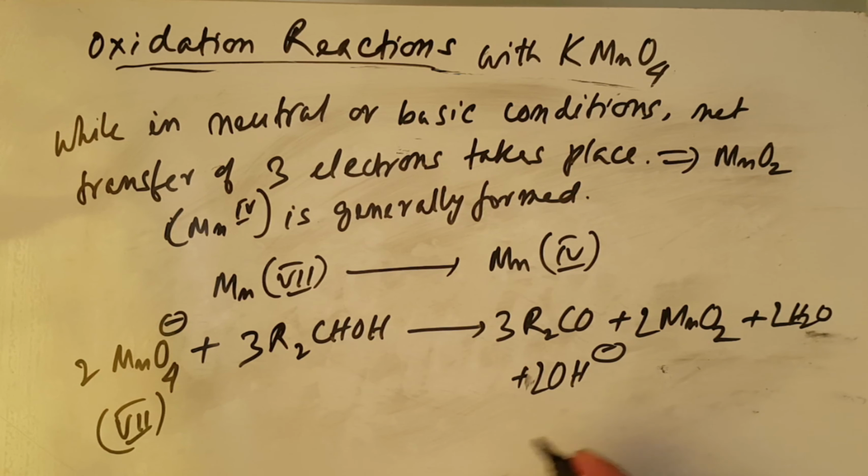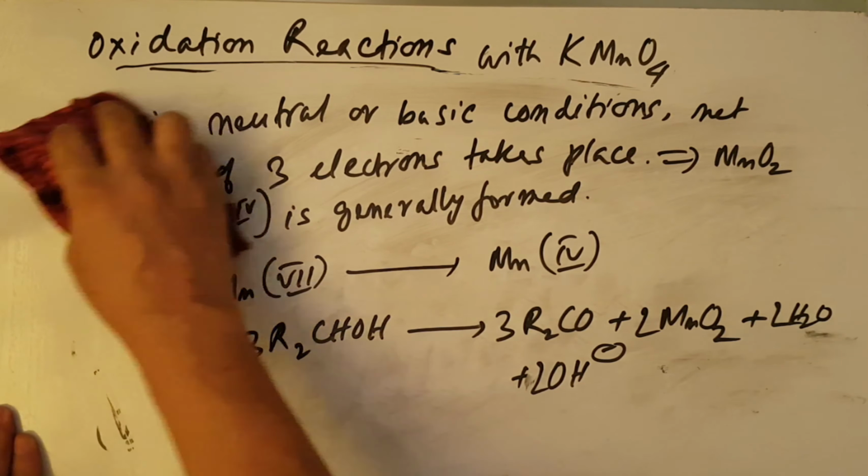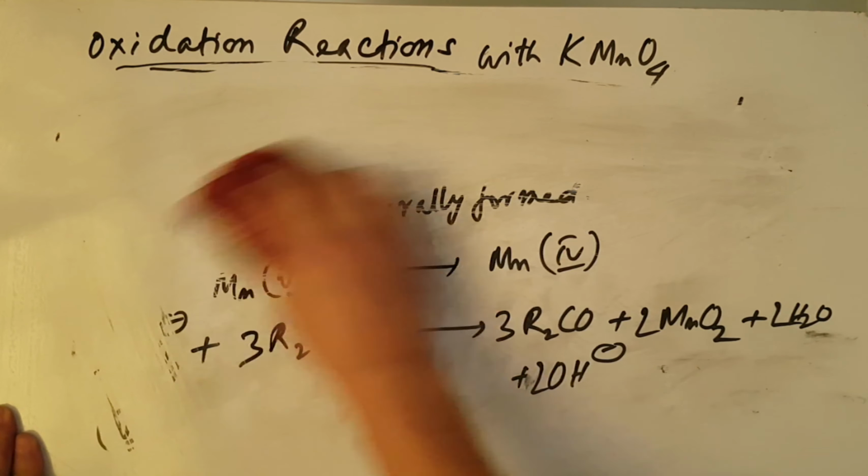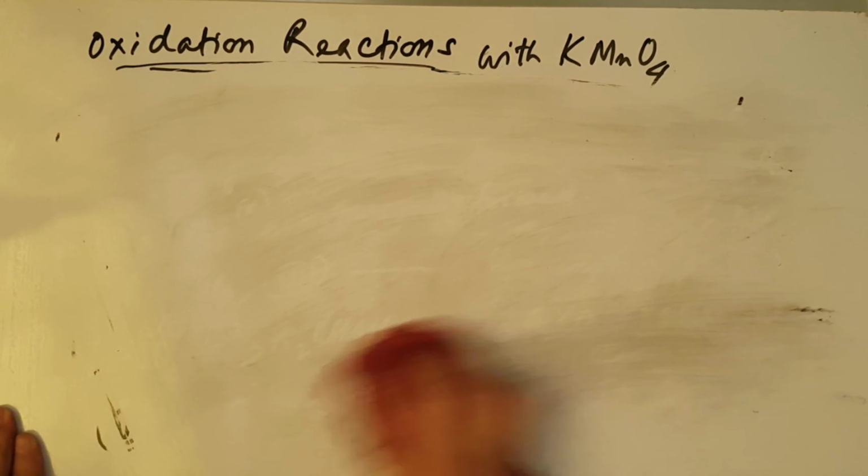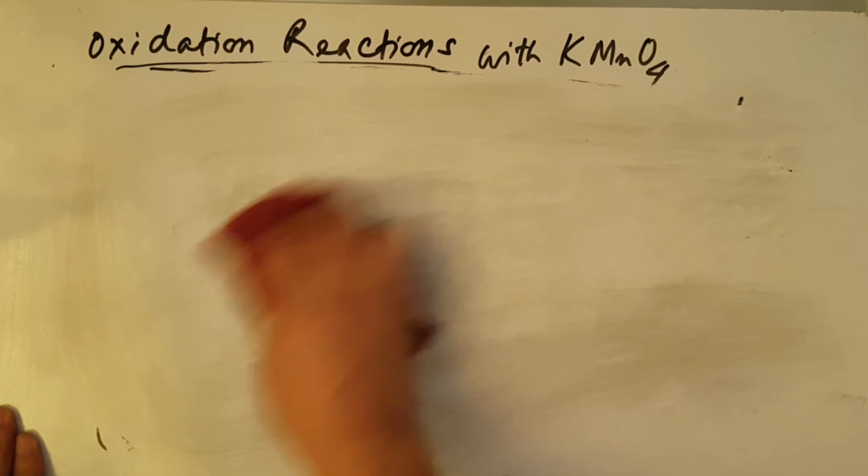Now let's take up one by one the oxidation of the double bond, oxidation of aldehydes to acids, and oxidation of secondary alcohols to ketones. Let's take up first the oxidation of secondary alcohols to ketones by using KMnO4.